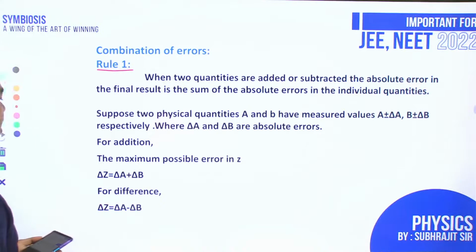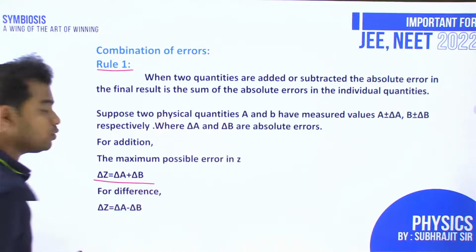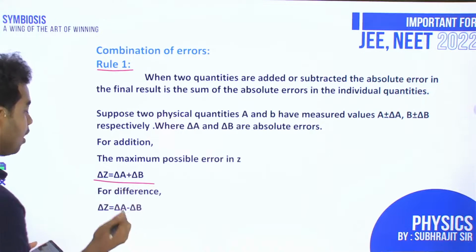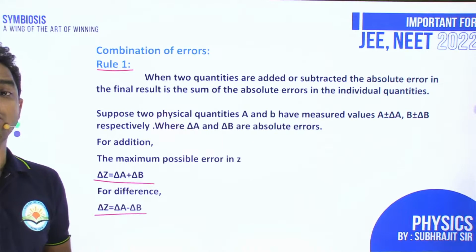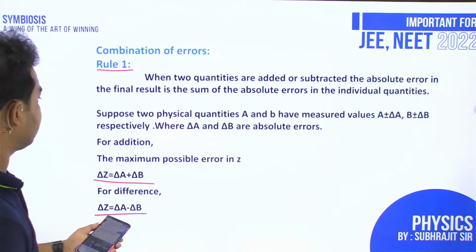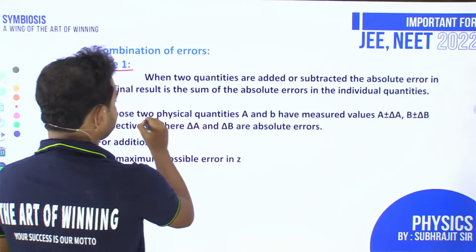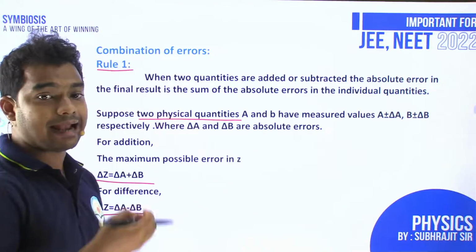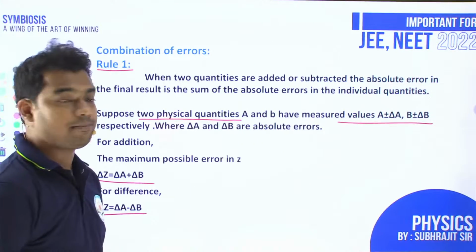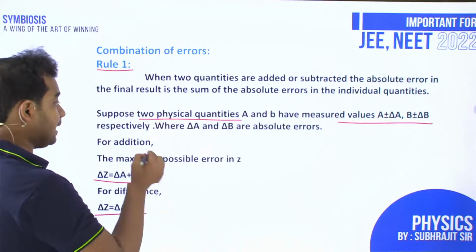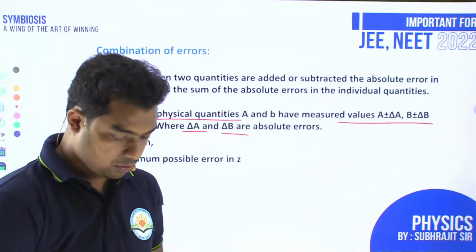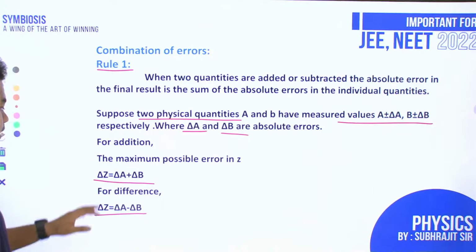Here is the first rule: del Z equals del A plus del B, and for a difference, del Z equals del A minus del B. Here A and B are two physical quantities that have measured values like A plus minus del A and B plus minus del B, and del A and del B are the absolute errors.